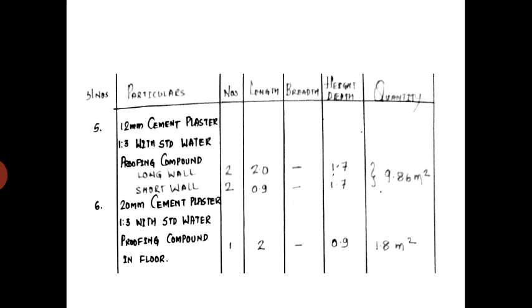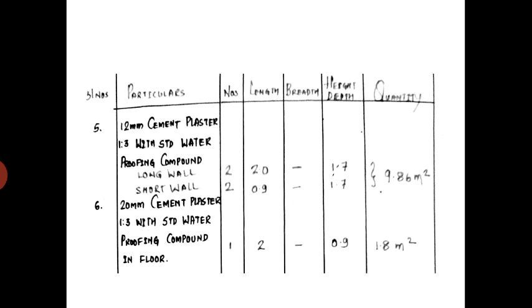Here most of the dimensions we have calculated for the previous cases remain the same. And the short wall, if you see, there are two numbers. The length will be 0.9, it is nothing but 90 centimeters they have given.